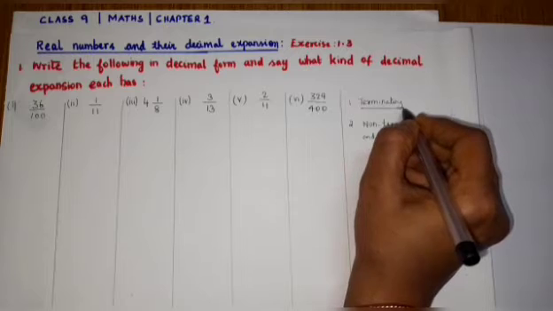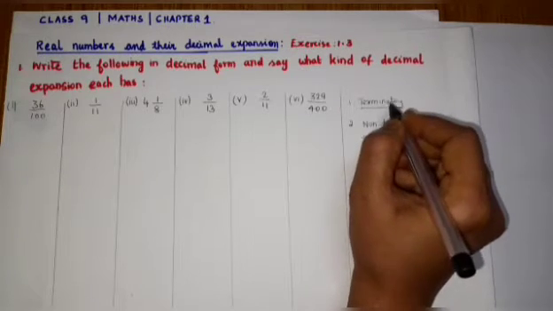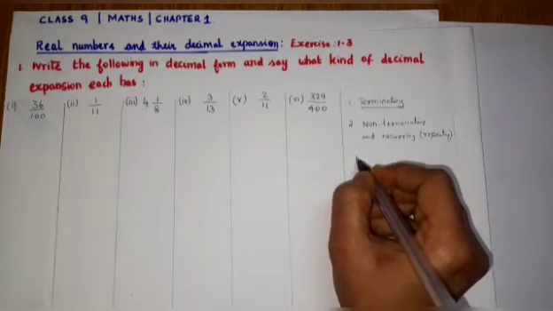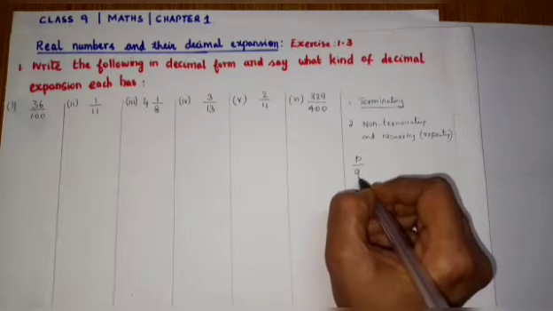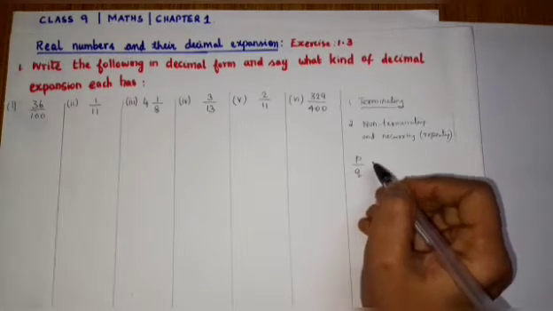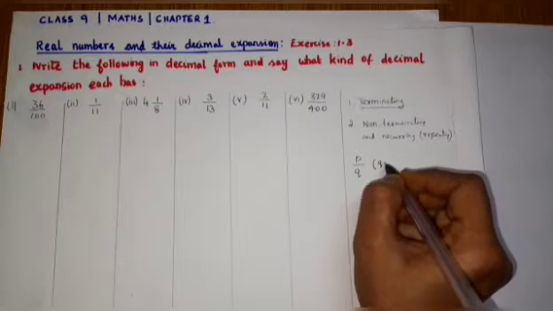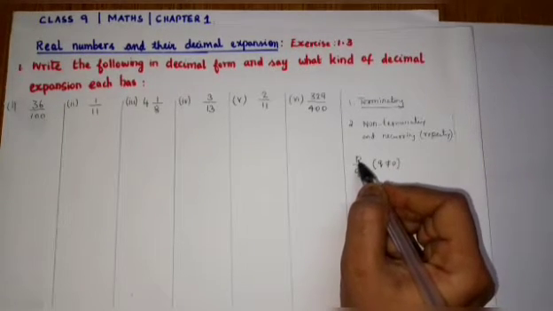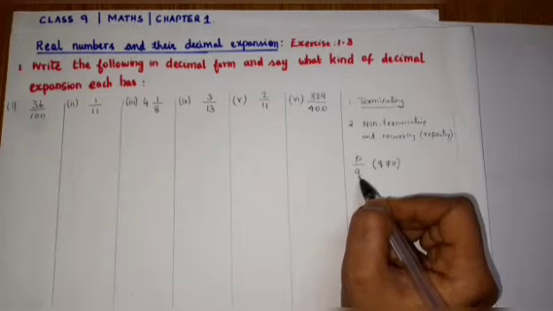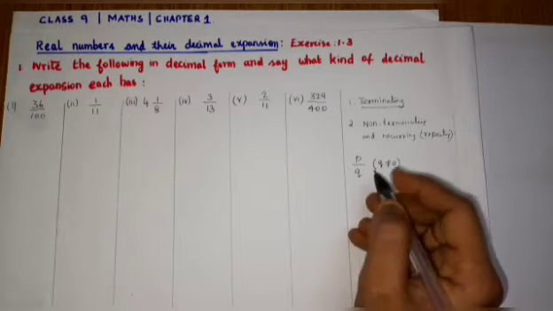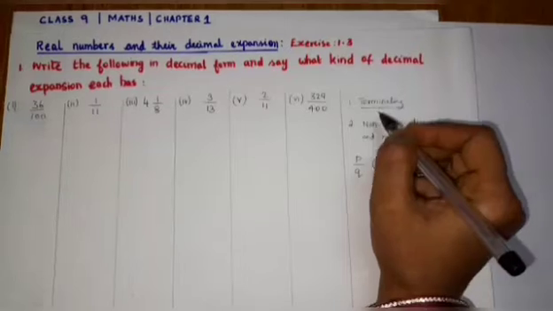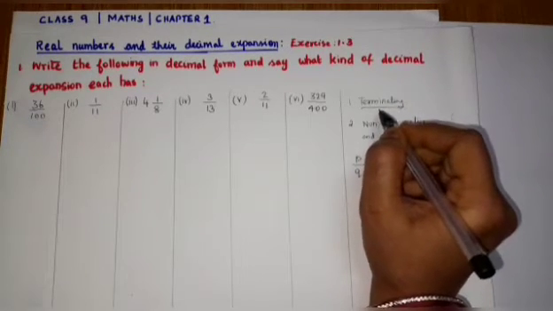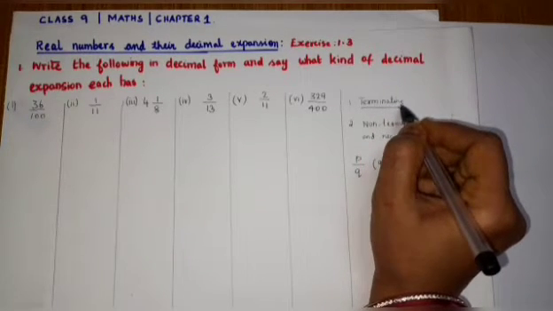What is the meaning of terminating? If a number is of the form P by Q, where Q is not equal to 0, if you divide P by the number Q and the remainder is 0, then we can call that number a terminating number.